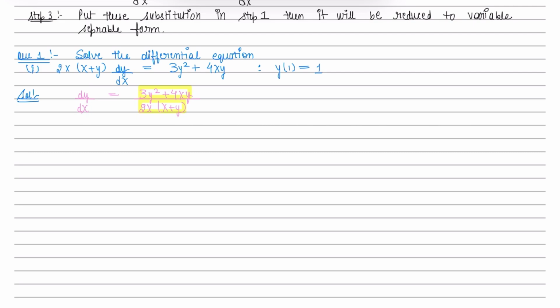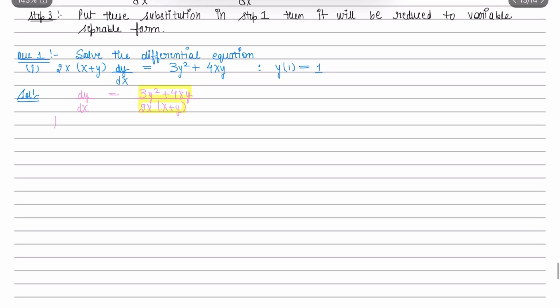The step number 2 says that we have to put y is equal to v times x, which implies that the value of dy by dx is equal to v plus x times dv by dx.